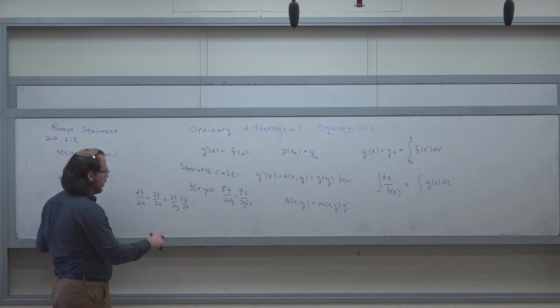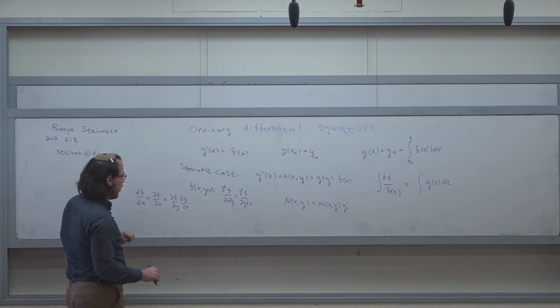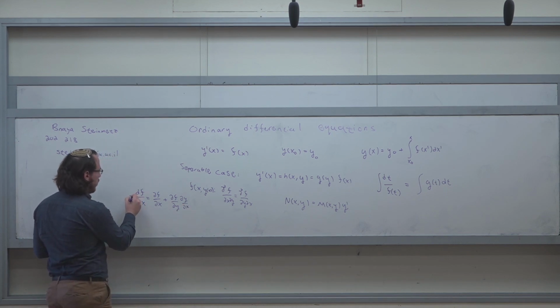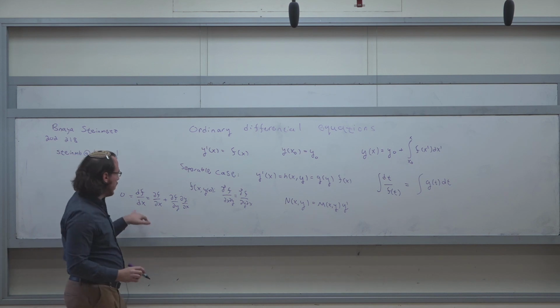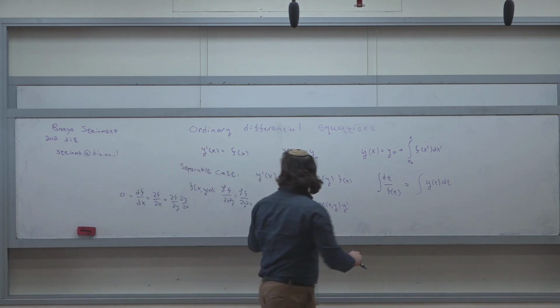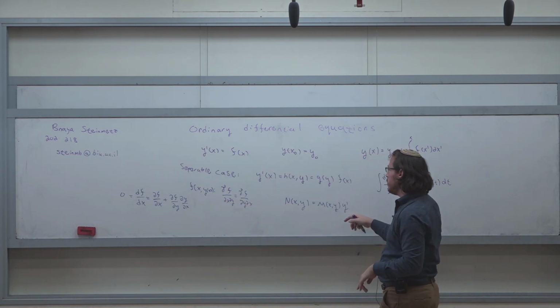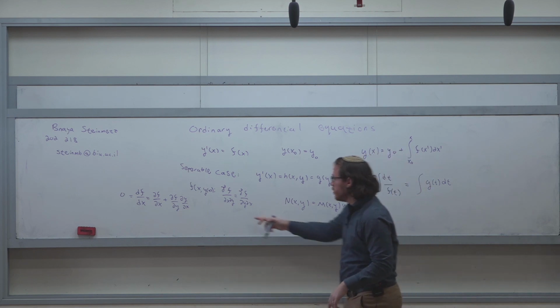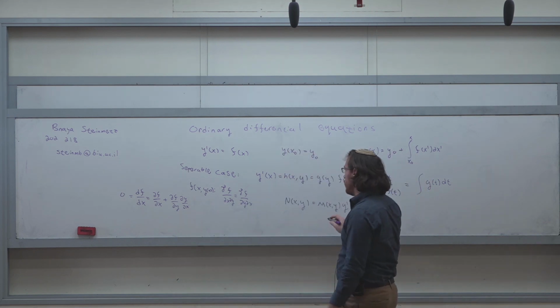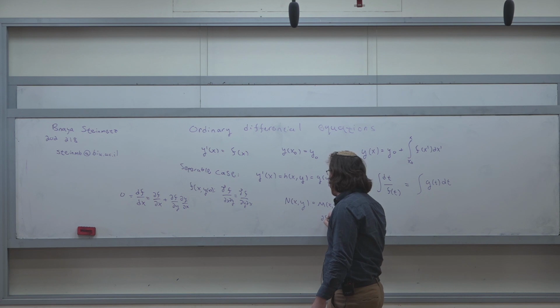Then if this is equal to 0, I can see this same pattern here, because this is dou y to dou x, and this would be dou f to dou y.